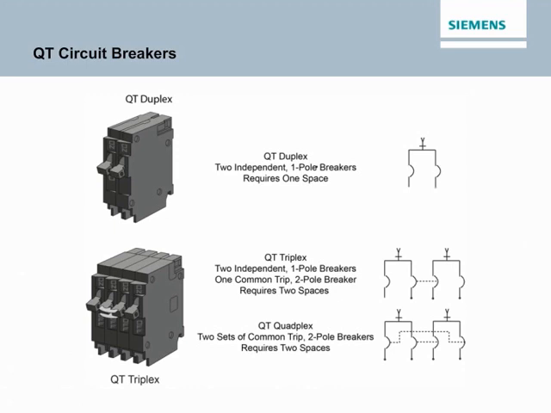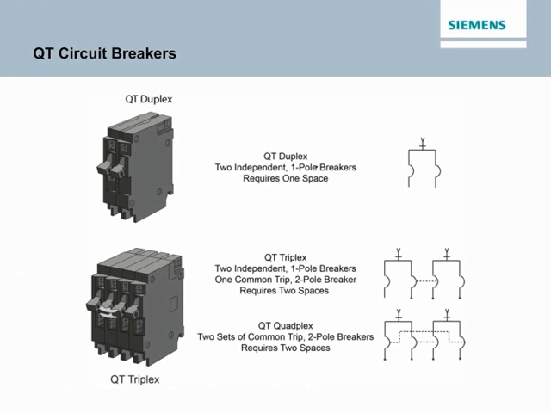Type QT duplex circuit breakers combine two independent half-inch width breaker poles in a common unit. This unit plugs into one load center stab and requires one panel space. Type QT circuit breakers are also available in triplex and quadplex configurations.